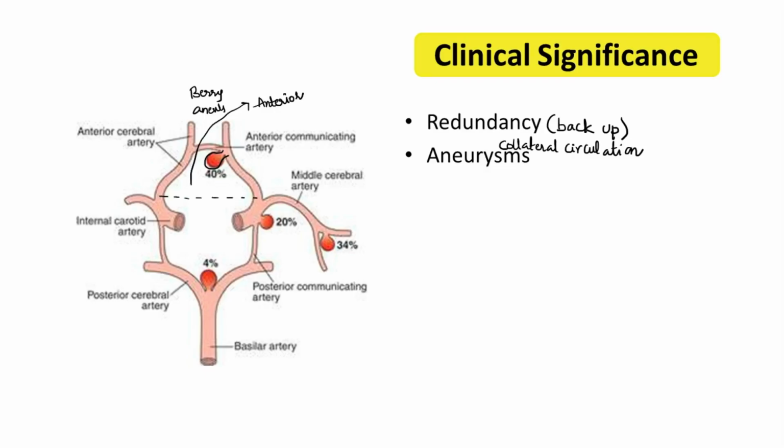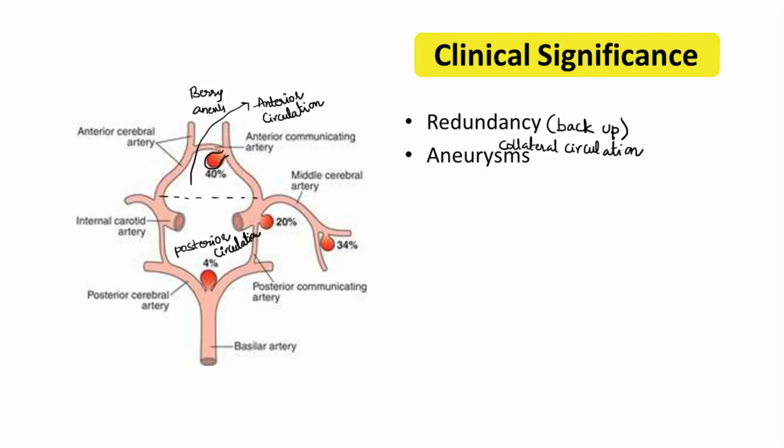The remaining part, the part which is lying posterior to the dotted lines, the major part of internal carotid artery, posterior communicating artery, posterior cerebral and basilar artery, all these form posterior circulation.